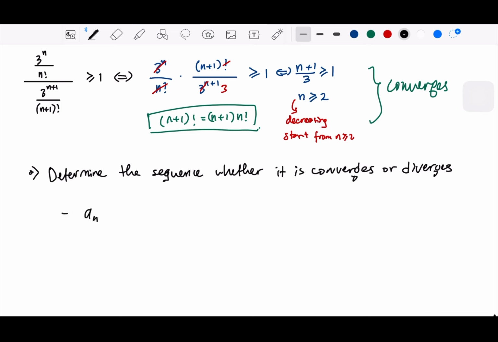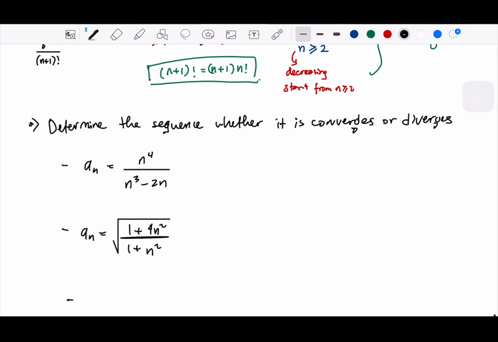Start with the first one, that's the first one. The second one. And then the third one.